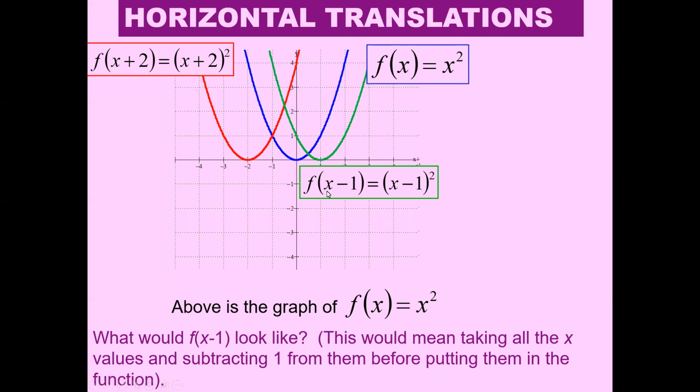For example, if the x is -2 from the blue graph, that's the original one, -2 minus 1 will be -3 squared, that will be a 9, but 9 is not in here, so you wouldn't be able to see it.